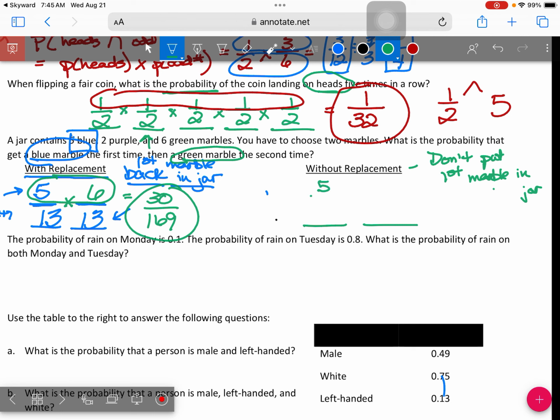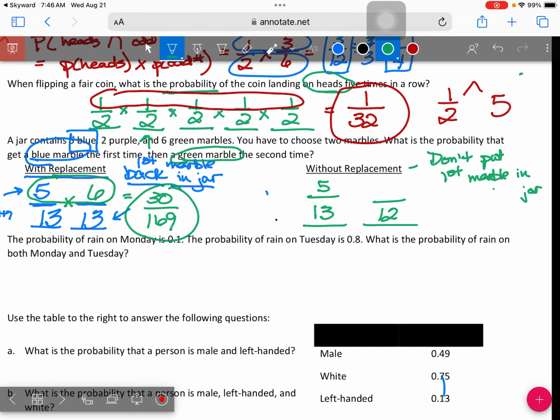And how many total marbles do I have? 13. Now, I'm going to take one out. I am not putting it back in the jar. So now I have 12 marbles total because I am not putting it back in. And I want a green marble.